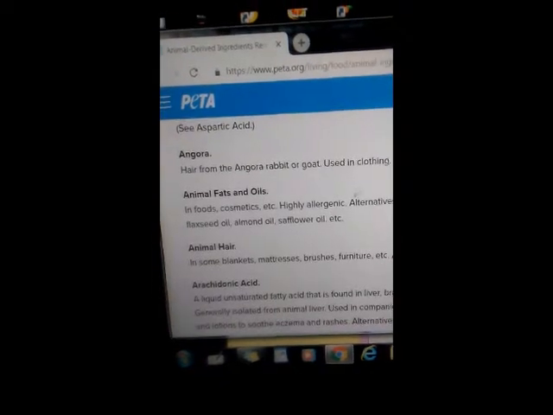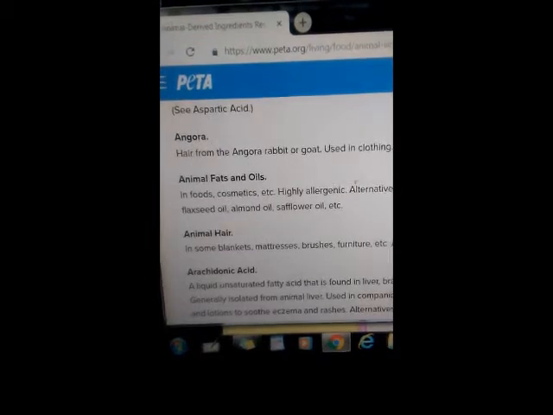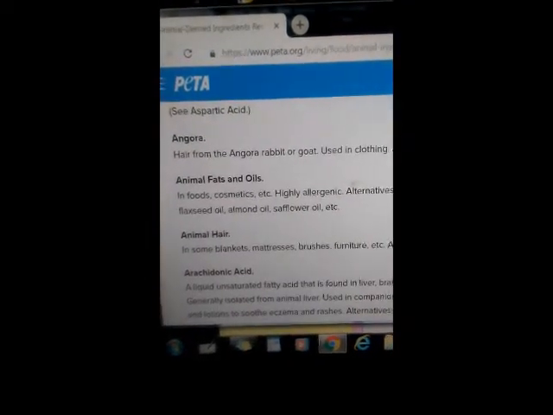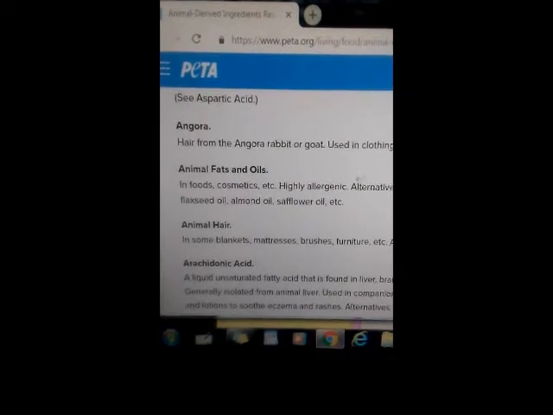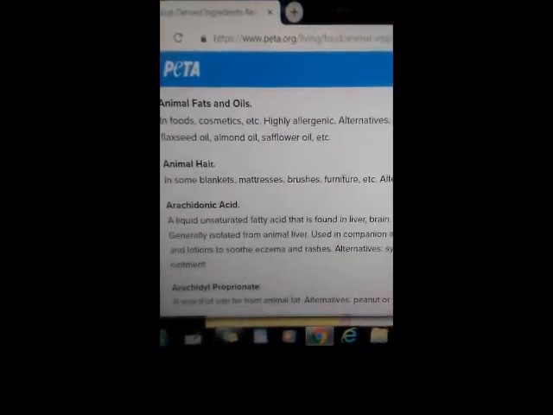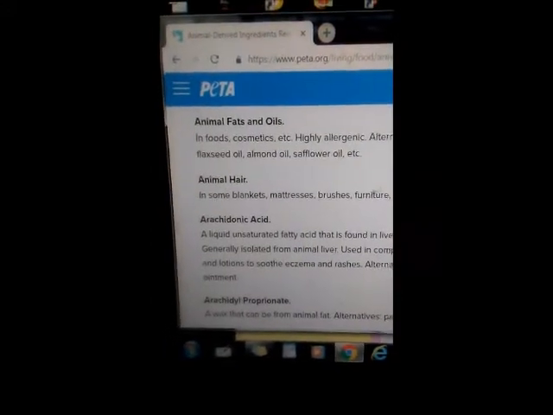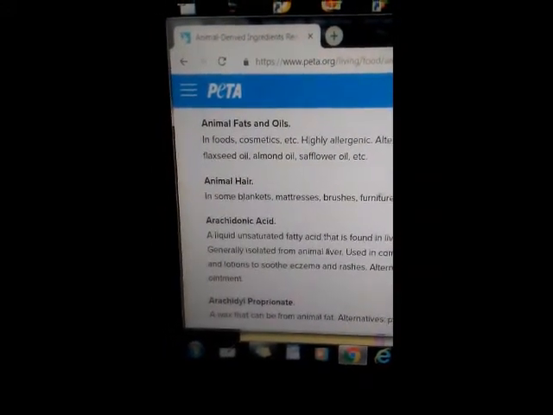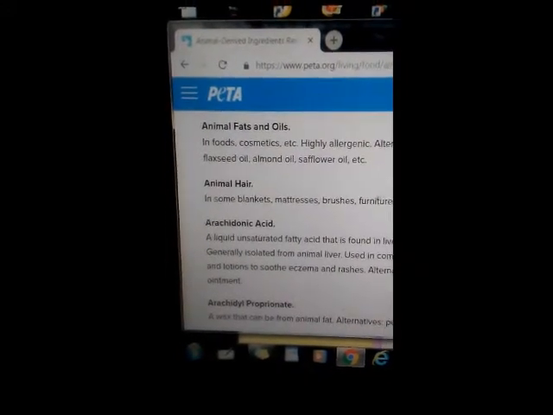And people wonder why they have skin issues. Let's see. So animal fats and oils. Now, we're not supposed to be eating animal fats and stuff like that. That's very unhealthy. Nor do I want to put animal fat on my skin. It's just nasty.